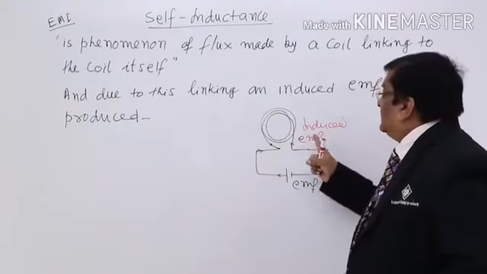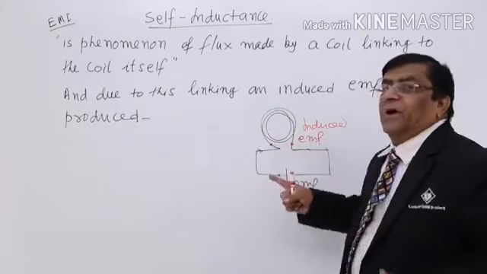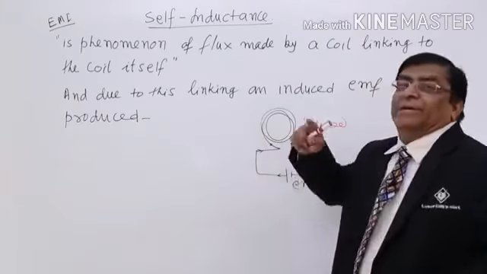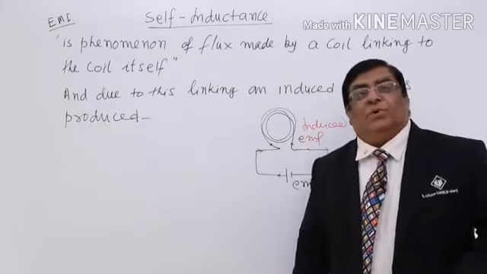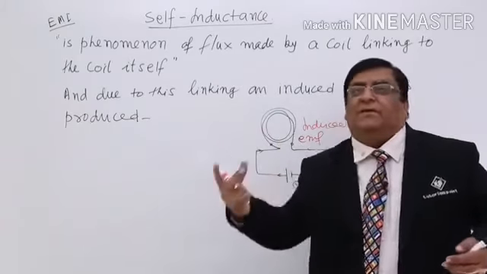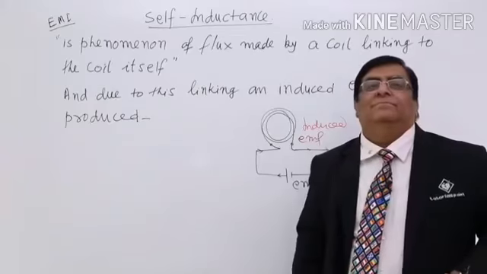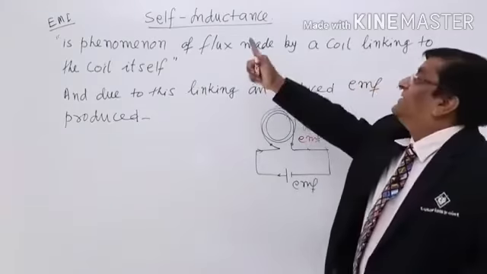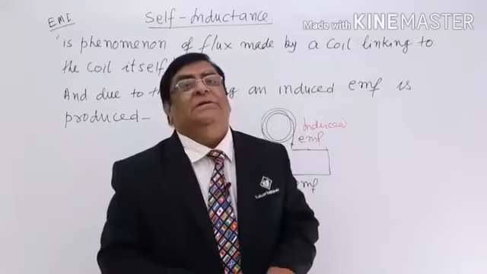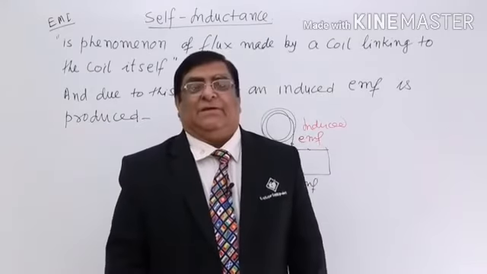Okay, it is inducing an EMF opposite to what? Its own EMF which is applied on it. So all action by the same coil results on the same coil. Then this is known as self-inductance. So this is the phenomenon of self-inductance.